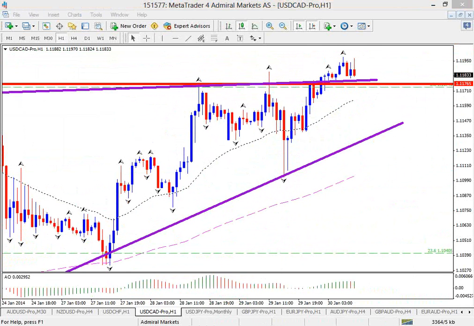All right, maybe the broken level could become support at 111.80, 111.70. Definitely, it's not impossible, but the breakout is not clear enough to me, so I would rather be on the guard here and wouldn't necessarily want to trade this bounce as yet.